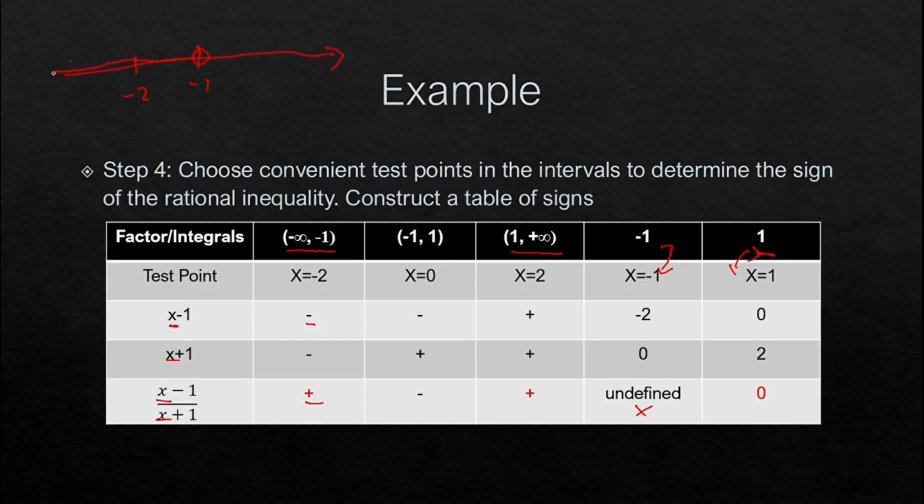Kasali ang negative infinity to negative 1 but not negative 1, ibig sabihin parang makaabot lang siya hanggang sa boundary lang talaga ng negative 1, pero hindi na siya nagtatouch ng negative 1.